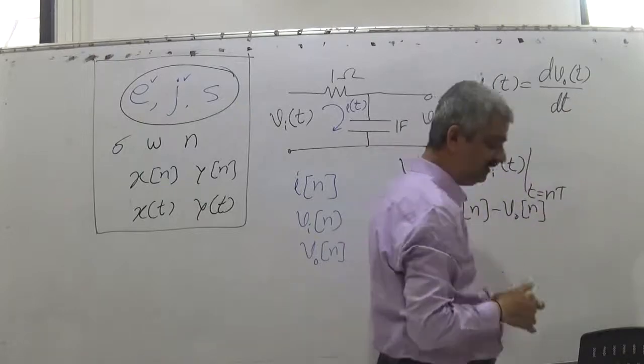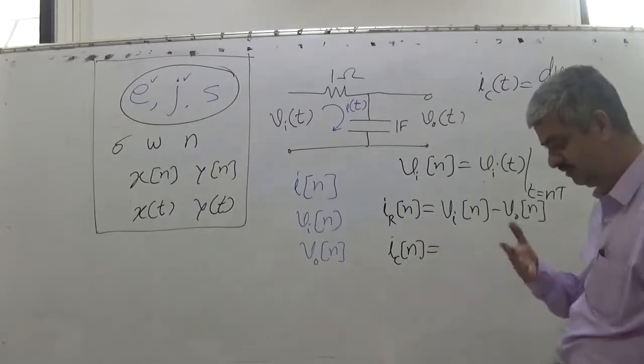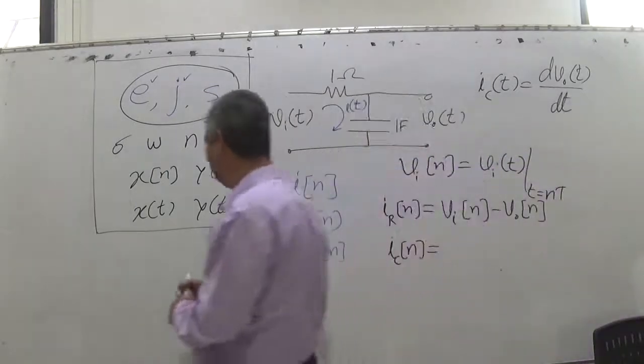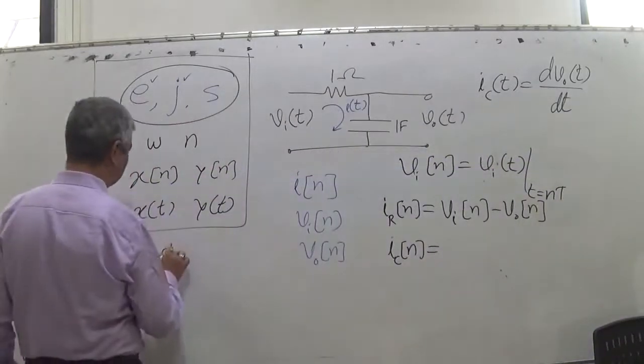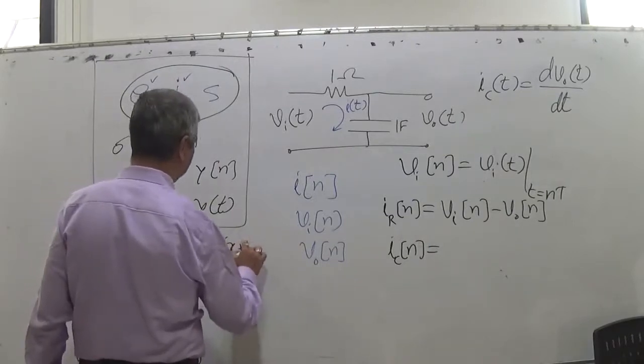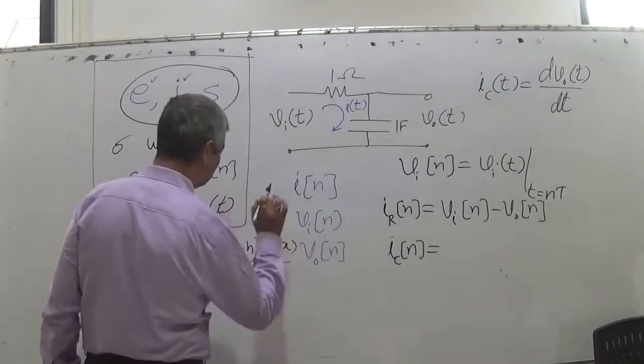So it's a derivative. What is dVo(t) by dt actually? By the first principle, what is the derivative formula? What is f dash x? f dash x is f of x plus h minus f of x upon h as h tends to 0.